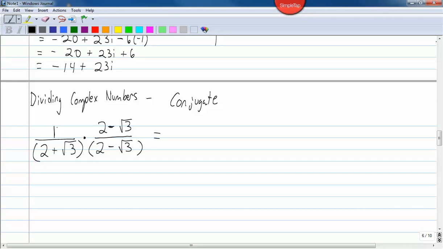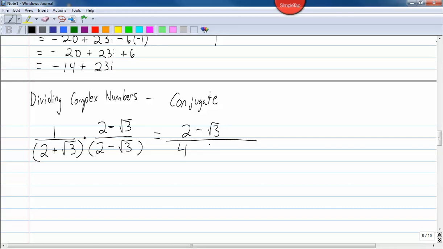If I multiply the numerator, I just have 2 minus the square root of 3. If I multiply the denominator, I have to FOIL this out.